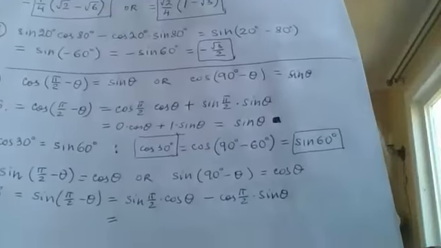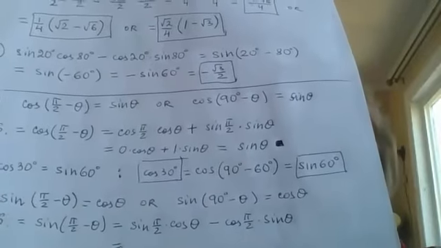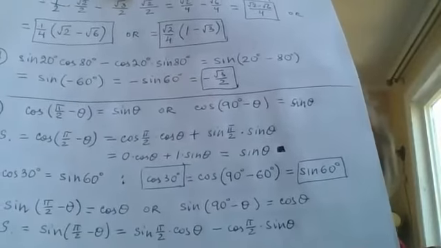So it will be sine of pi over 2 times cosine theta minus cosine of pi over 2 times sine of theta. So this is your first step in the proof. Again, sine of pi over 2, is it 1? Yes. Cosine of pi over 2, is it 0? Yep.